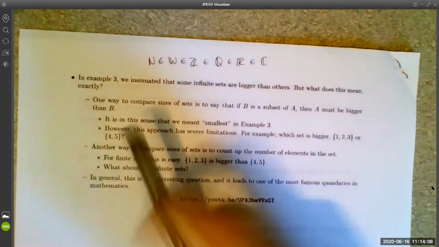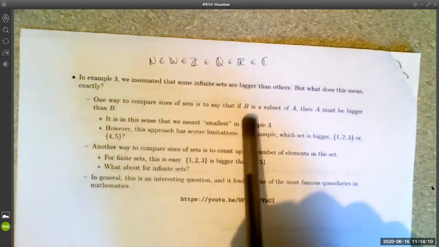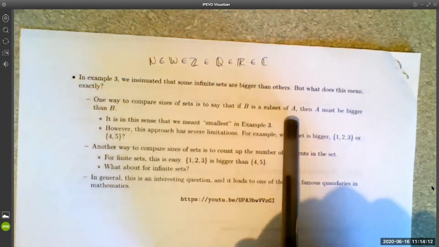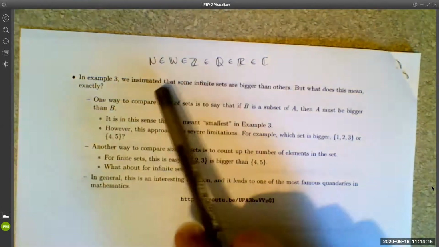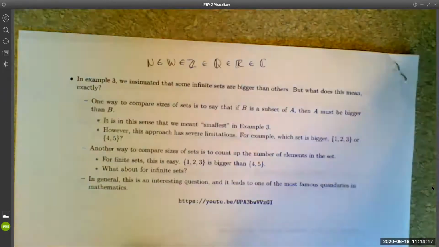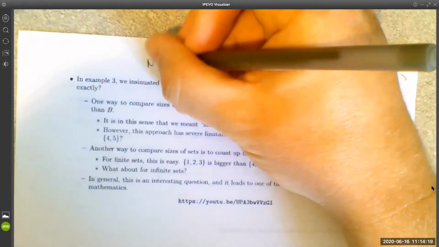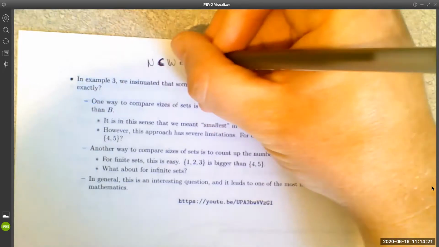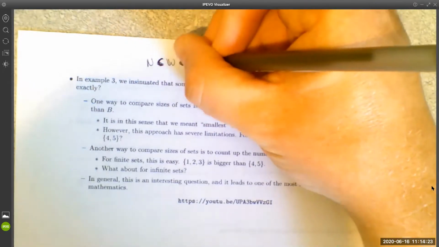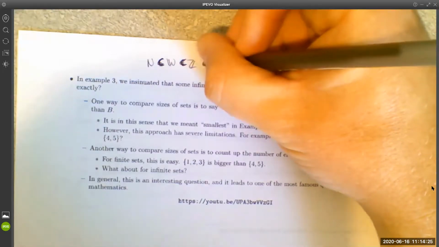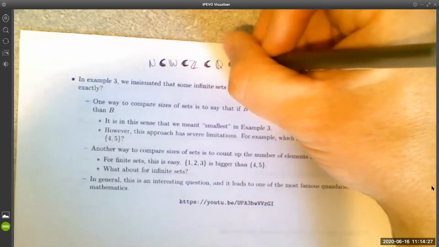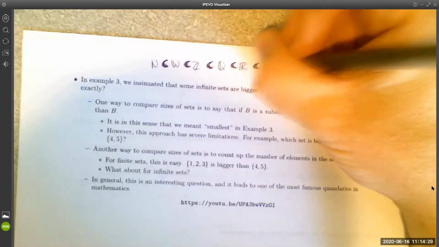Well, one way to compare sizes of sets is to say that if B is a subset of A, then A must be bigger than B. And, oh, I was using the wrong symbol, wasn't I? These should all be subset symbols, not element symbols. Oh, how bad of me. They're subsets, not elements.